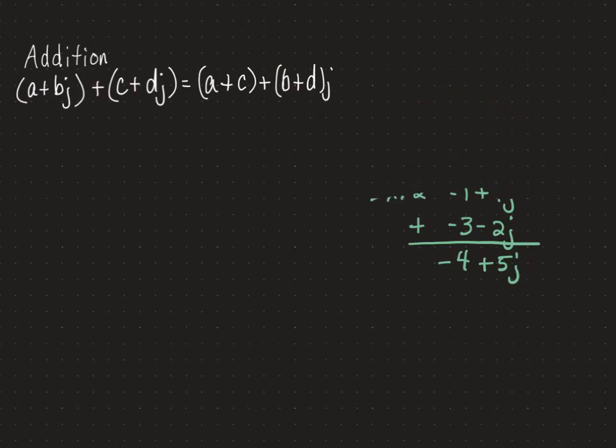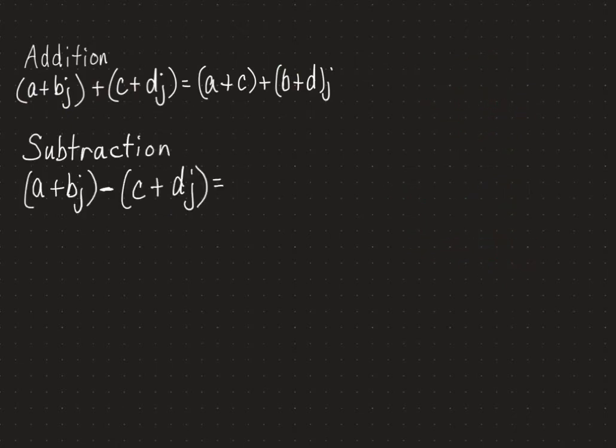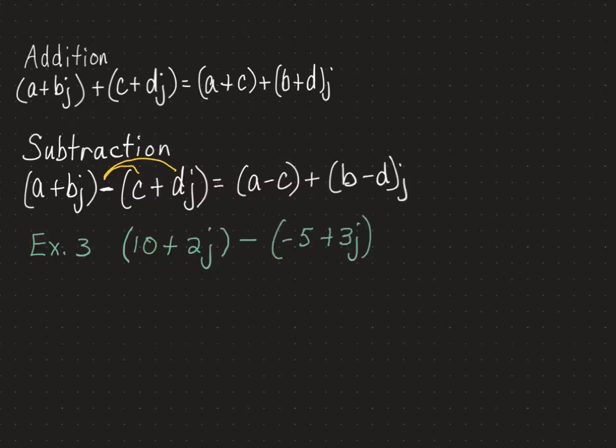We can move on now to subtraction problems. But first we should write the rule for subtraction problems. The way this works out is the same way it works out if you distribute the negative to each of those terms and then combine like terms. For example, if we have the complex number 10 plus 2j minus the complex number -5 plus 3j, then we're going to be distributing that negative to both terms in the second complex number.